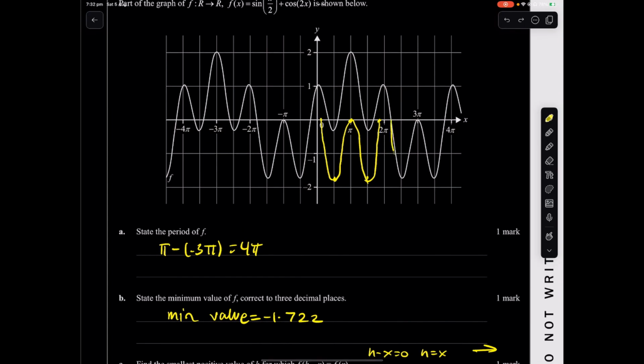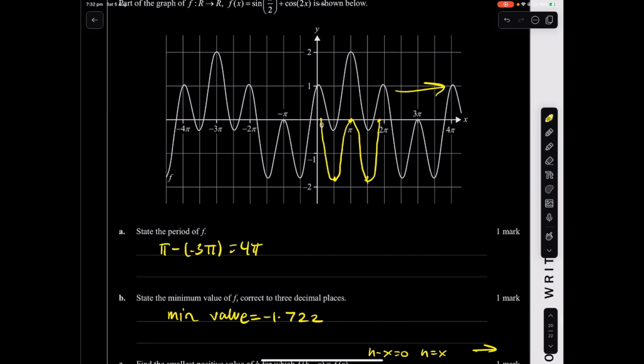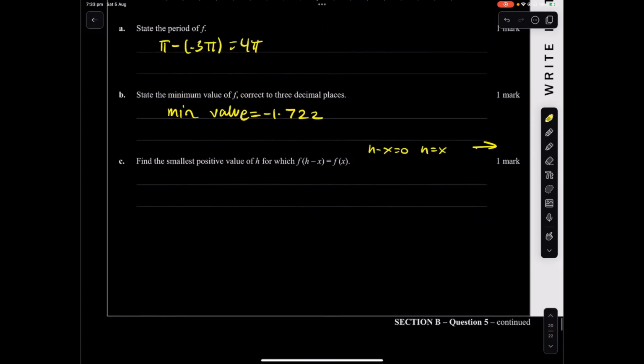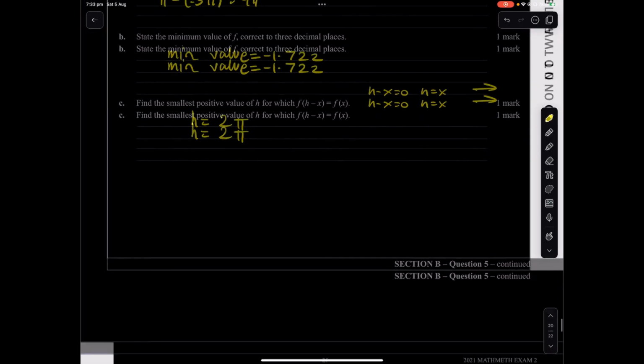The next value is over here anyway. So we need to translate it to the right. How many h units? Just look at this. This is 3 pi and that's pi. So 3 pi minus pi is 2 pi. Your smallest h equals 2 pi.